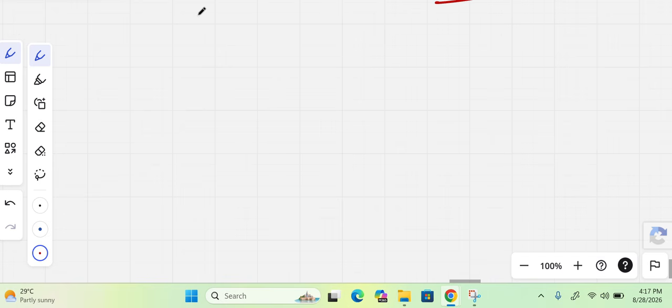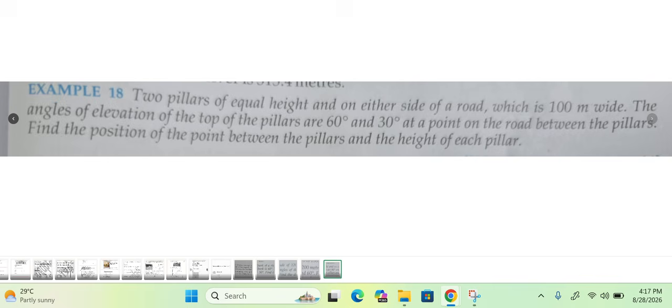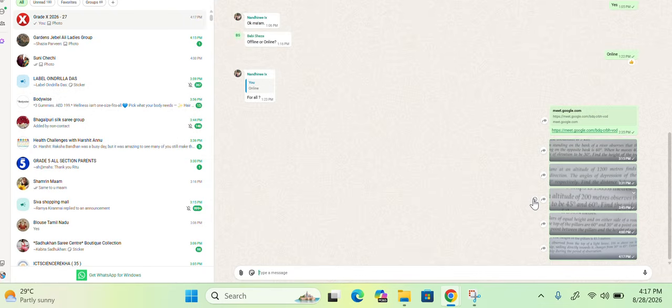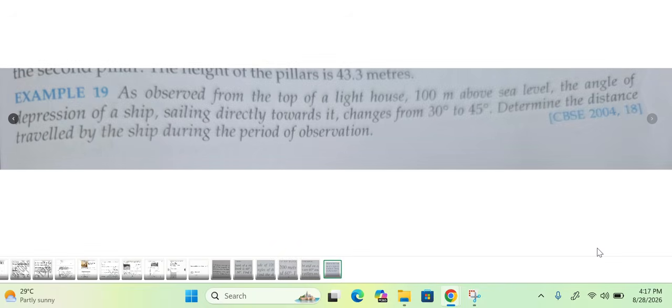Again, this is a CBSE question. Please try to do this. Speed up, okay?